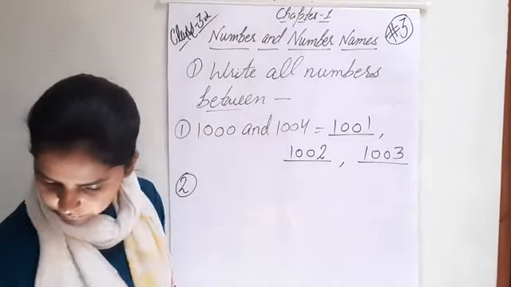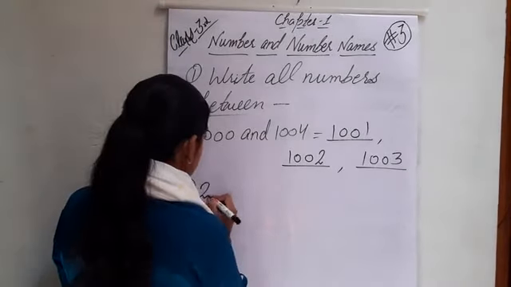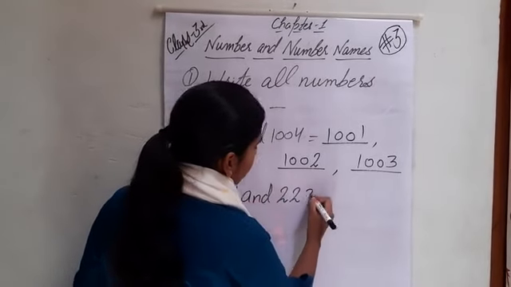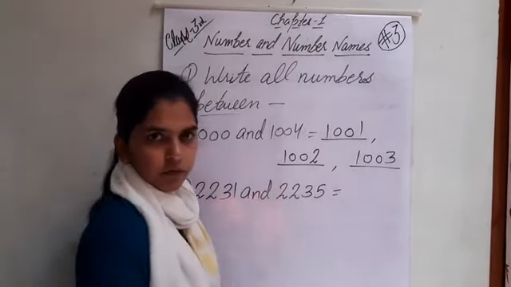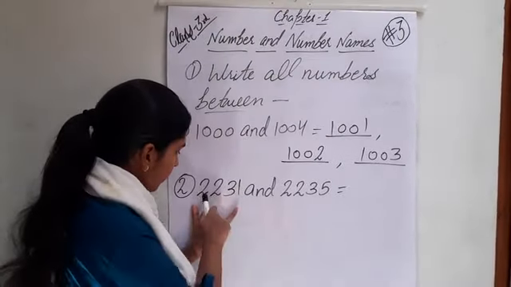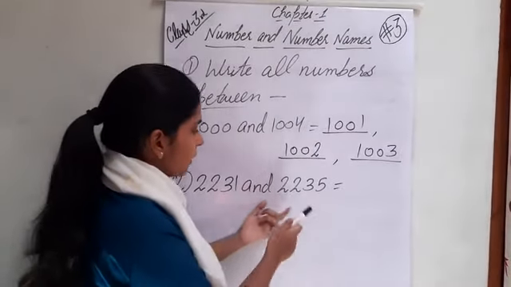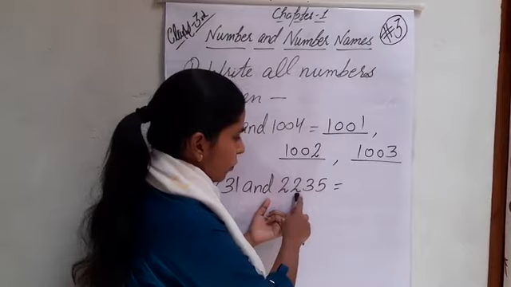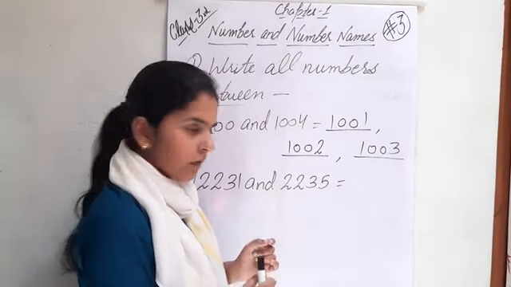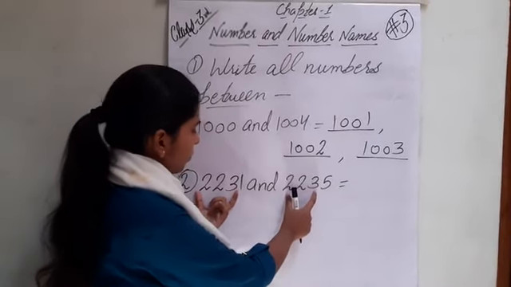The next question is 2231 and 2235. We know how to read these numbers. As you can see, the first three digits are the same, 223.